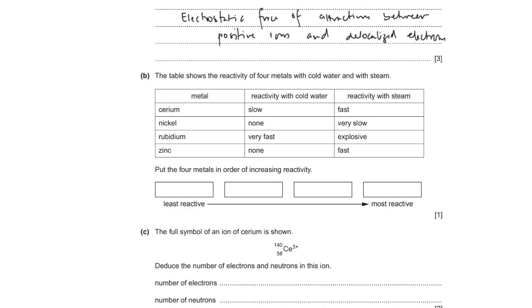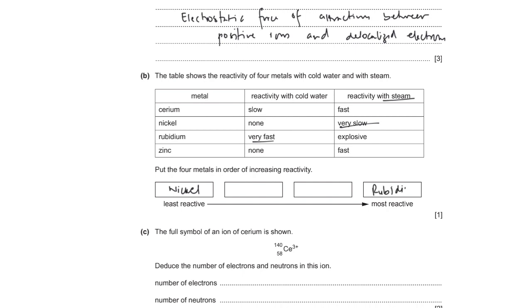Put the four metals in the order of increasing reactivity, which means you have to name the least reactive one first. The least reactive one is the one reacting slowly with steam, which is nickel. The most reactive is the one reacting very fast with cold water, and that is rubidium.